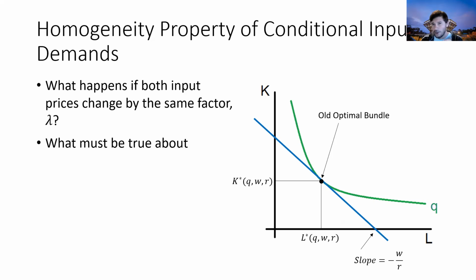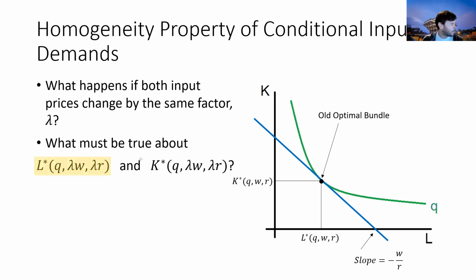I want to know what has to be true about our demands for labor and our demands for capital if we were to scale up all the prices of capital and labor by the same factor. What do you think?